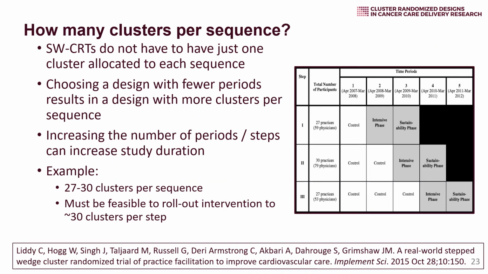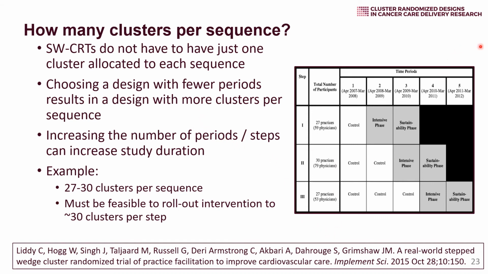How many clusters should we allocate to each sequence? Stepped wedge trials do not have to have just one cluster allocated to each sequence. Now, if we have a design with fewer periods, we will then include more clusters per sequence. As in this example here, we only have 3 sequences, 4 or 5 periods. So many clusters have to be allocated to each of the different sequences. Between 27 and 30 clusters have been allocated to each of our sequences.